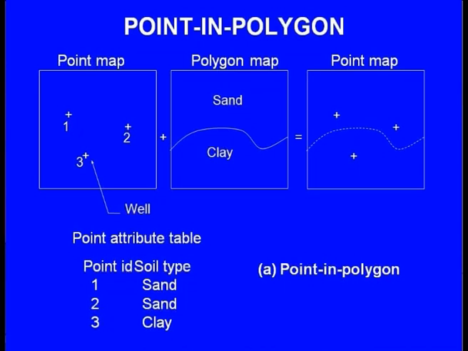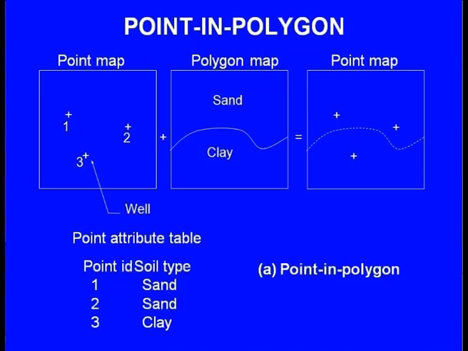Having done this operation, we will now have an attribute table with two types of information. One would be the well ID and the second is the soil type associated with it.